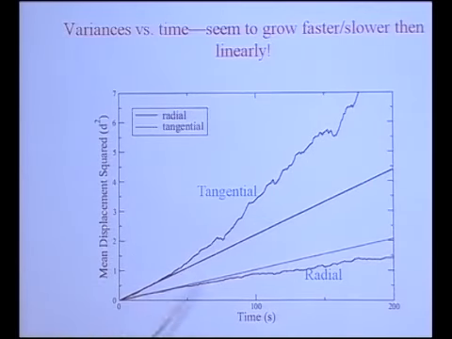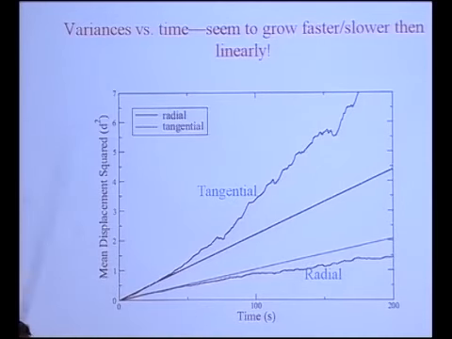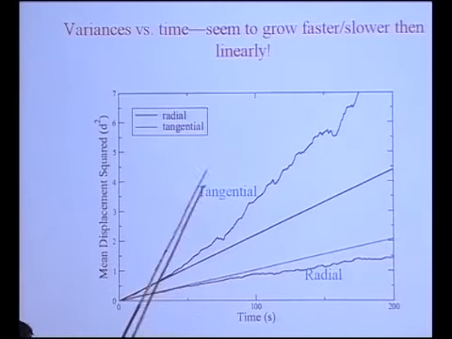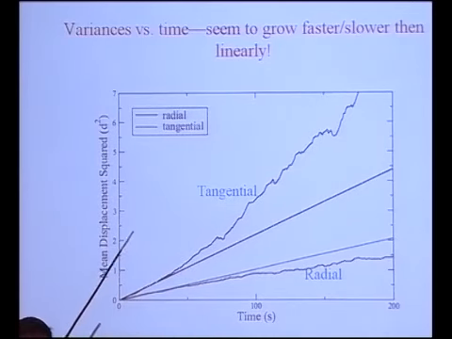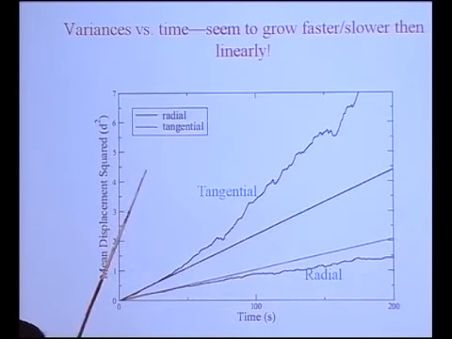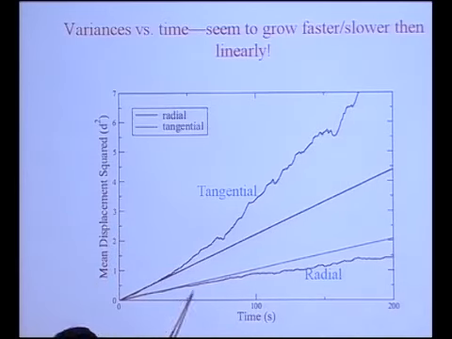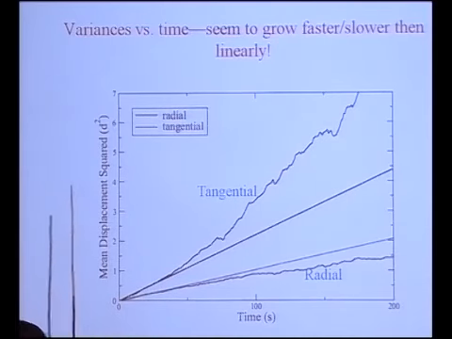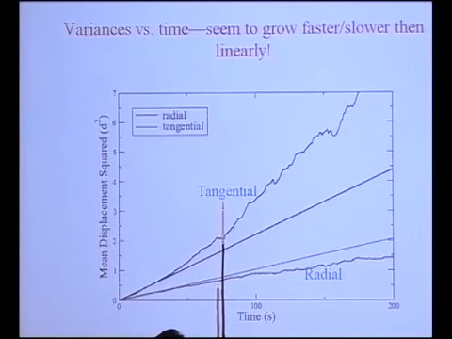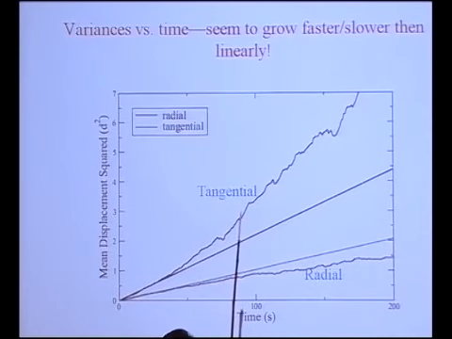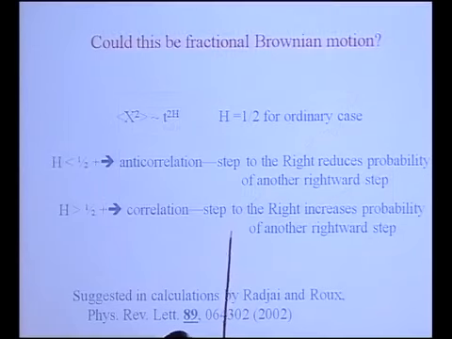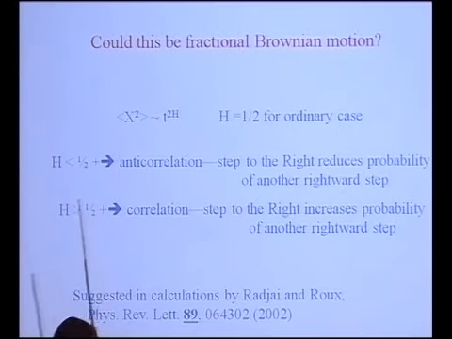All right, so if you take such an approach and simply look at where particles are going, you discover that the variances, if you like, don't grow linearly in time. If you're looking along the tangential direction, then they seem to grow faster than linearly, which is so-called superdiffusive. If I look in the radial direction, they seem to be going slower, except that they come in with some finite slope.